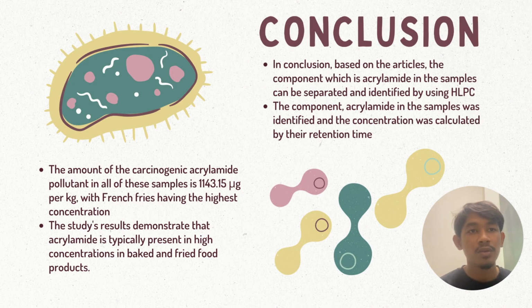Next, in conclusion, based on the article, the component which is acrylamide in the samples can be separated and identified by using HPLC. The component acrylamide in the samples was identified and the concentration was calculated by their retention time.